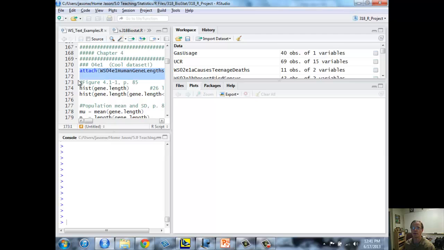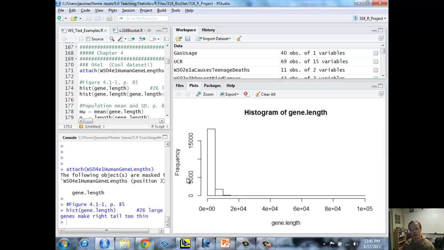We have a data set here that consists of all of the lengths of the genes on the human genome at a certain point in time. Now I'm going to replicate some of the stuff in the book. It's on R, and it's the Whitlock-Schluter text examples file that I've created here.